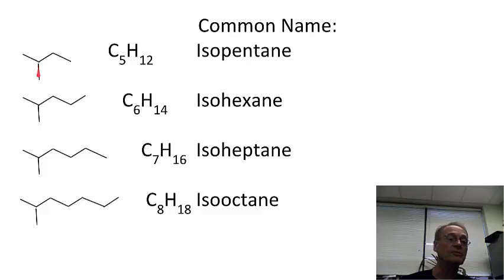So that's isopentane. Isohexane, again, total of 6 carbons, 5 in a row with 1 attached to it. Isoheptane, 6 in a row with 1 attached to it for a total of 7. Isooctane, 7 in a row with 1 attached to it for a total of 8 carbons, and thus octane. So again, this number refers to the total number of carbons.